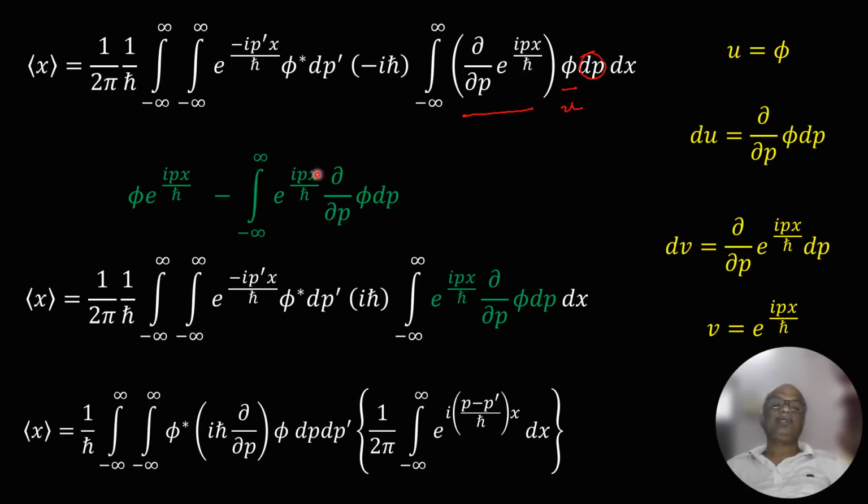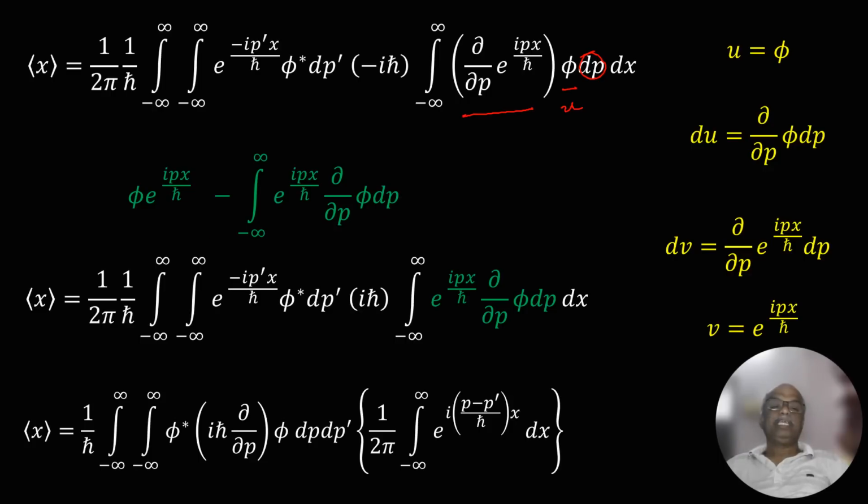This is equal to uv. U is psi, V is this exponential term we have seen, minus integral of v du. V is this exponential term, du is the partial derivative of psi with respect to p into dp.